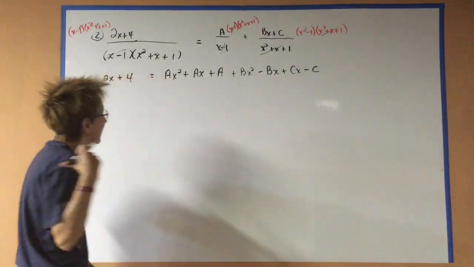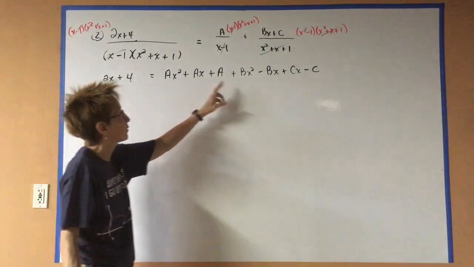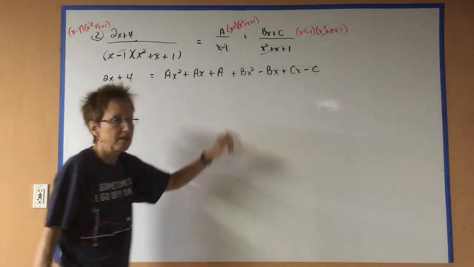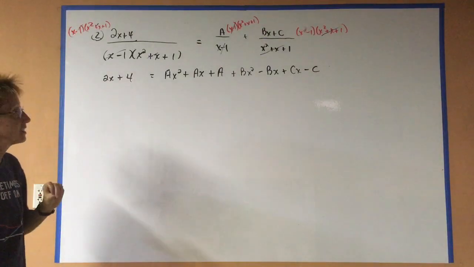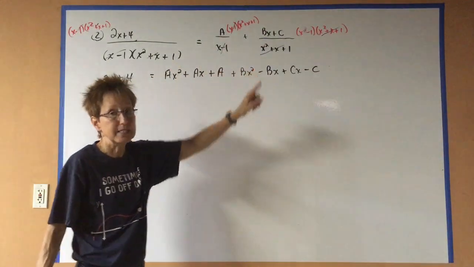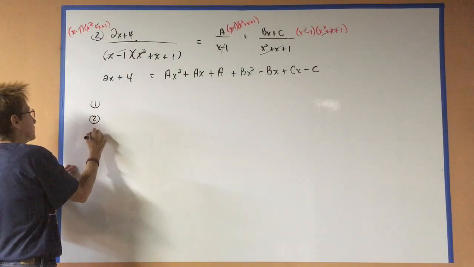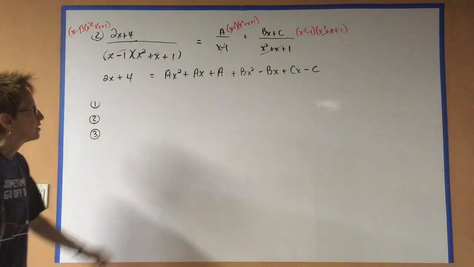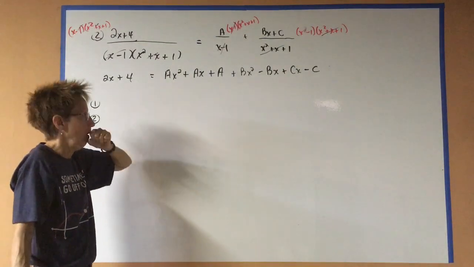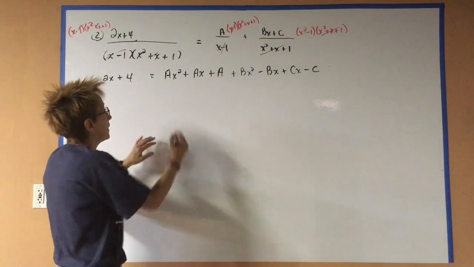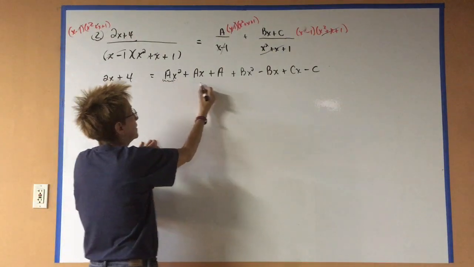So basically what I'm noticing is I have x squareds over here, I have x's, and then I have constants. So I'm thinking 3 equations, because look, I've got an A, a B, and a C. So I need to turn this into 3 equations. 1, 2, 3. So let's start with the x squareds. I'm going to start up here on this side. The x squared, so here's an x squared.